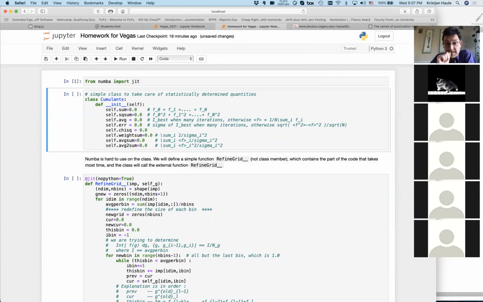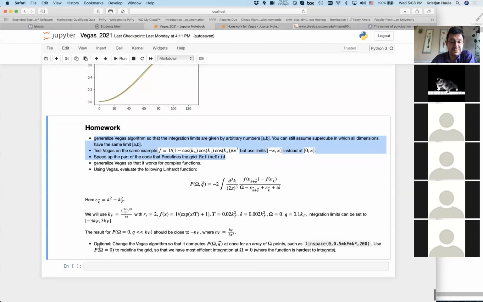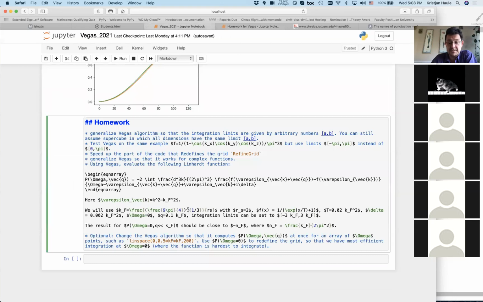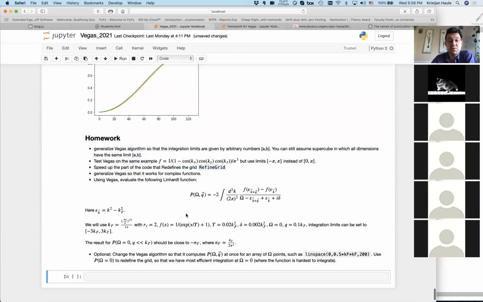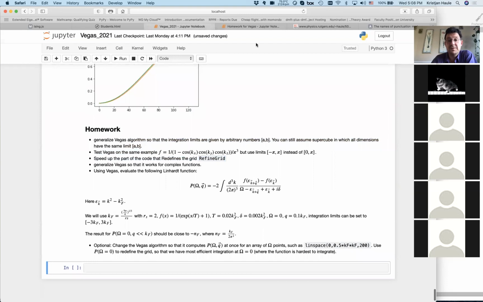And now the cumulants for now are exactly identical to what we had before. There is no change here. Eventually, when we generalize the code to an arbitrary array with respect to frequency, as required by the very last bullet in here, which is optional, we're going to need to generalize this algorithm to an array with frequency.